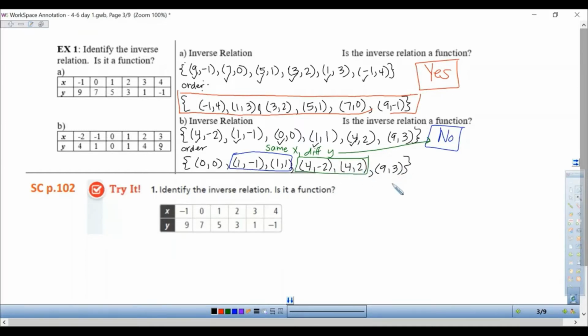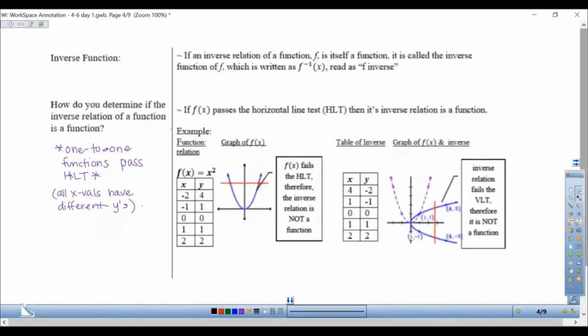Okay, so if you guys want one more practice, we can do the try it here on page 102. So visually, we're going to have to identify whether or not an inverse is a function.